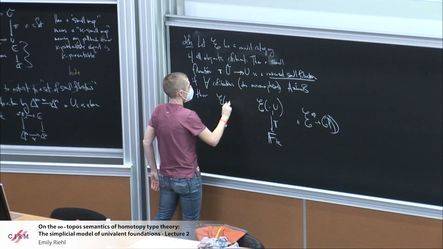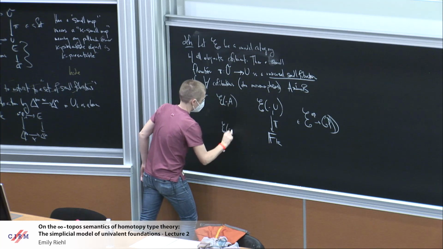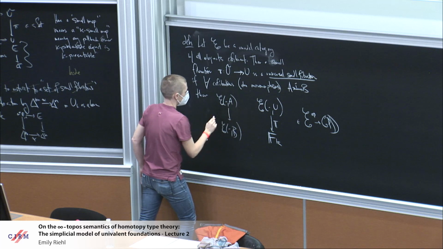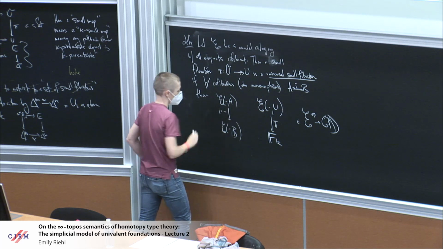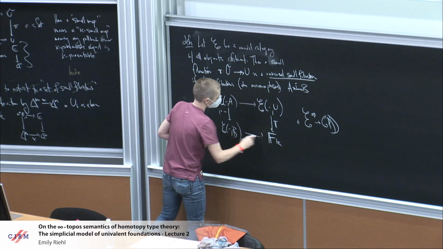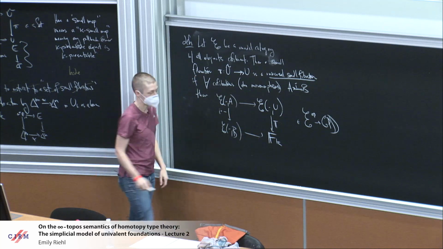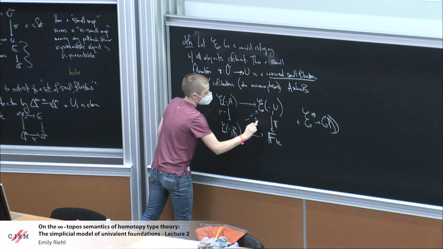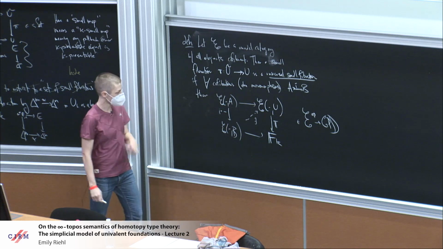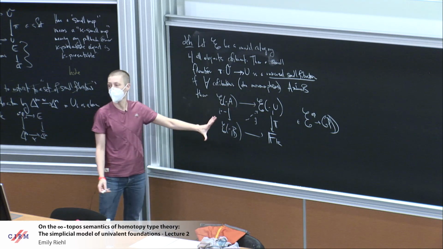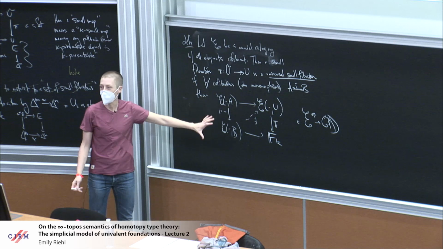Well, I could also form the representables associated to this A and B, and by Yoneda, composition with I induces a map here. And what I want to say is if I'm given any lifting problem like this, there exists a solution. Okay, so this is the definition of being a universal fibration.